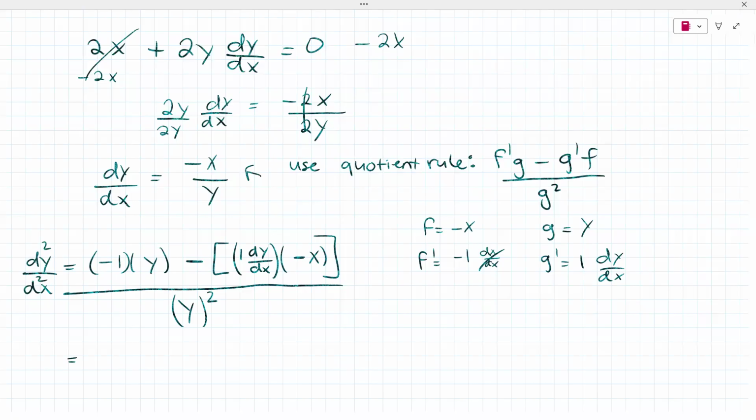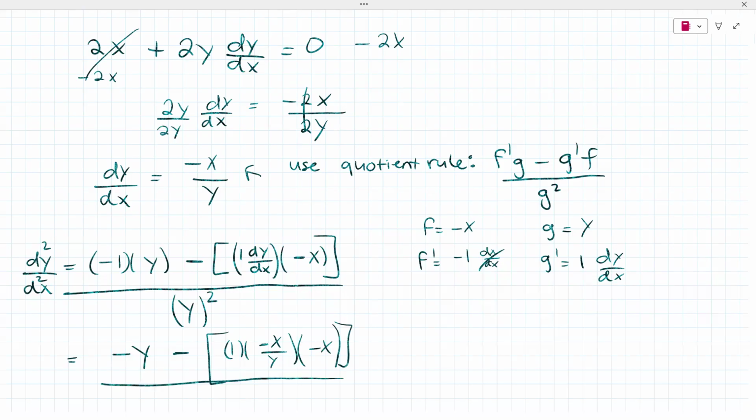So if you clean this up, negative 1 times y is negative y, minus bracket. Over here we have 1 times dy dx. We know from the previous answer dy dx is negative x over y, times negative x, all over y squared.